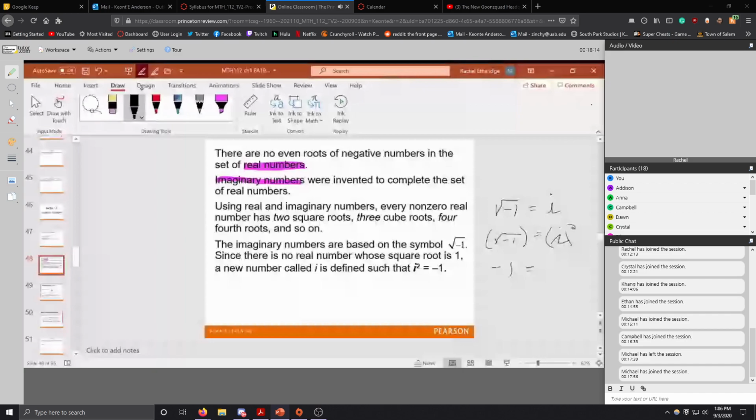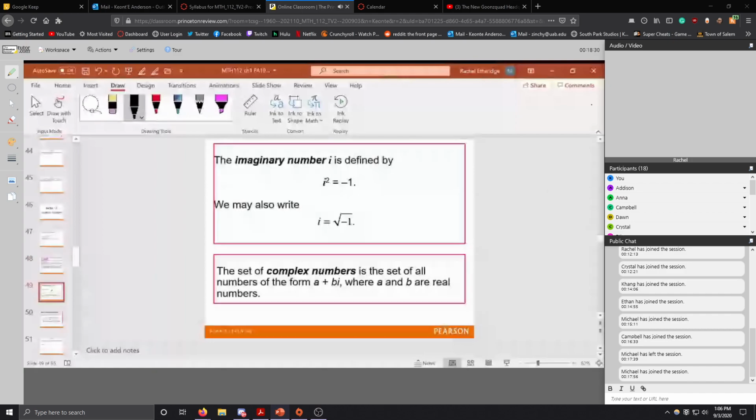And that's where we use i and i squared to work with our imaginary numbers when we have a negative under an even radical. So we say that i squared is -1.